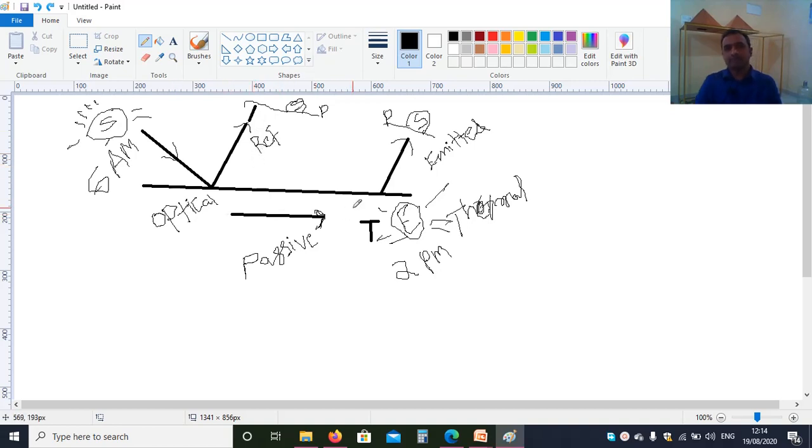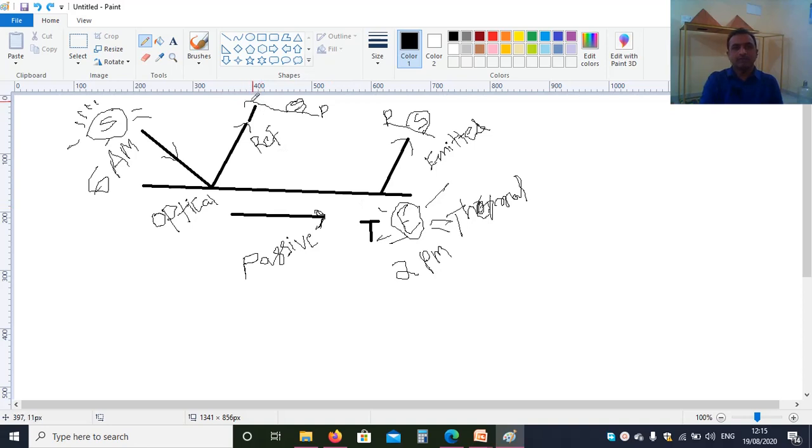After some time, the temperature of the earth surface increases, then above 0 Kelvin, all material on the earth surface emits heat radiation, thermal radiation, or emitted radiation. So, these are two radiations.